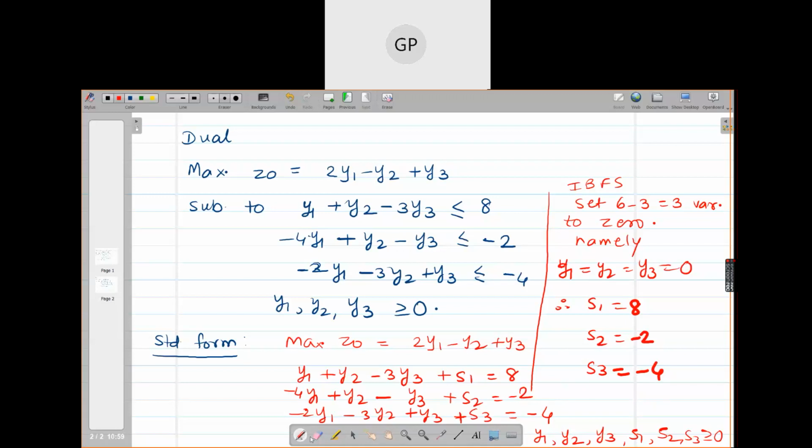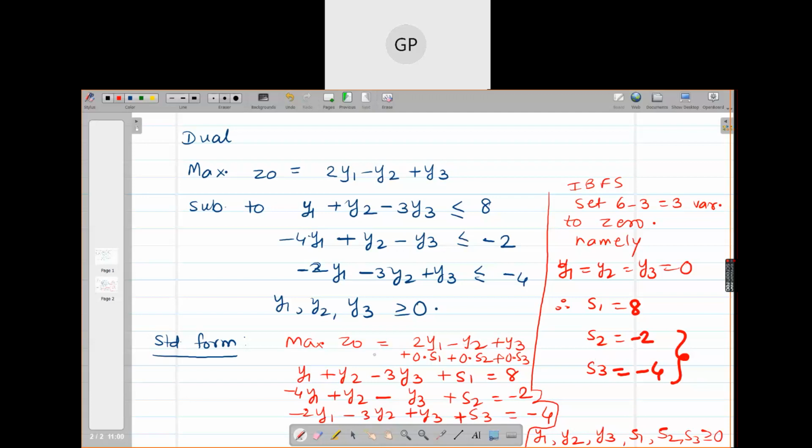Now what else is remaining? We forgot to introduce slack variables in the objective function. Here we should have written plus 0S1 plus 0S2 plus 0S3, right? Are you getting it? Ma'am, but it is not a non-degenerate IBFS. Yes, it's not non-degenerate because these values are negative. But we can continue with them as they are slack variables, okay?